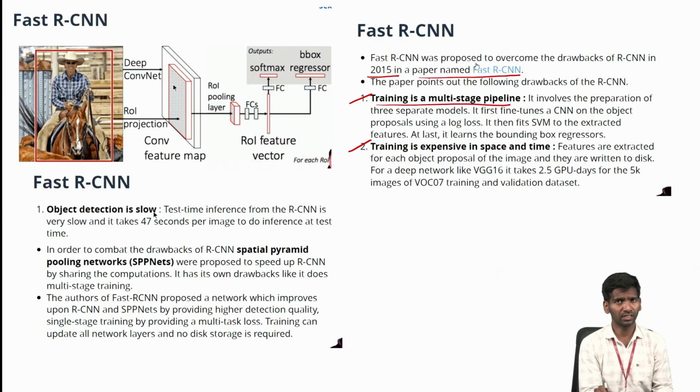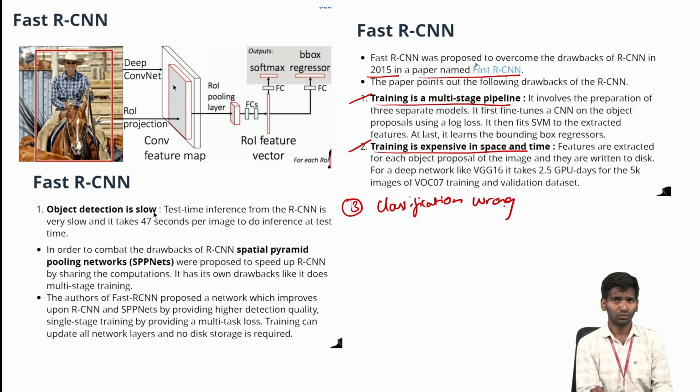There are different stages in RCNN, and in those different stages the training is different. Training is also expensive and time taking. The third one, which I have not mentioned, is that classification is also wrong. So these three are the drawbacks of RCNN.